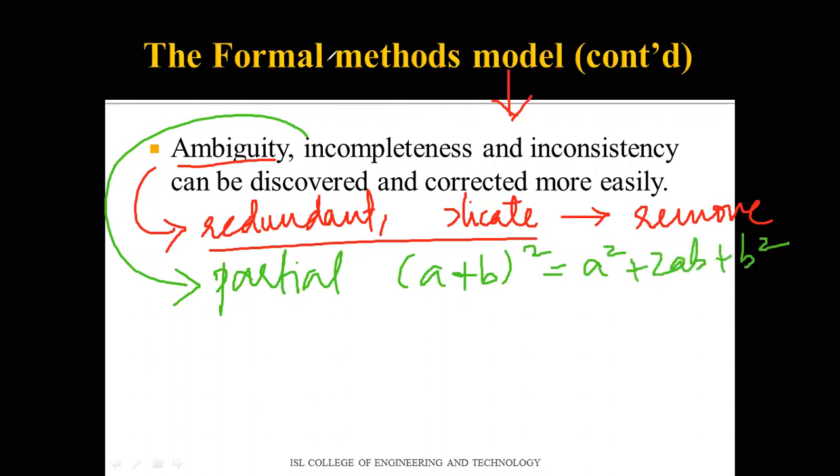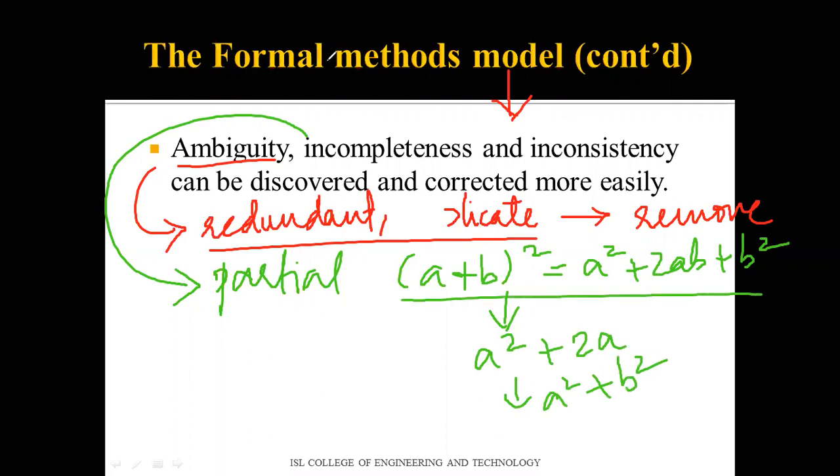It will not be appropriate if you just prove that it is a square plus 2a, or it is a square plus b square. This entire thing you should be able to prove. It should be complete. Incomplete means you're going to avoid any type of partial data. It is going to ensure that the data that you're using is complete. You need to have complete data.